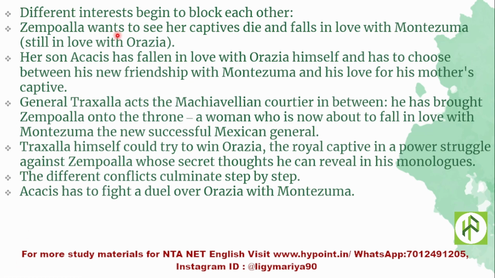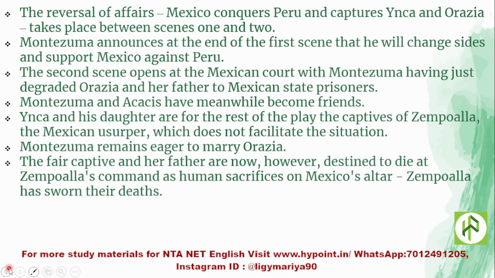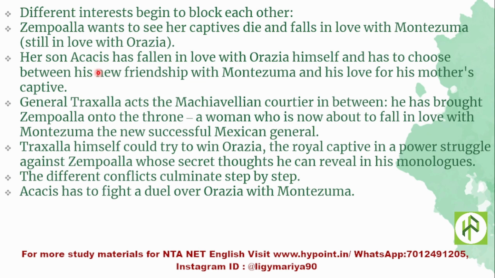Different interests begin to block each other. So what happens? The friends had many different, opposing interests for themselves, so that they blocked each other. Zempolla wanted to see her captives die and falls in love with Montesma.